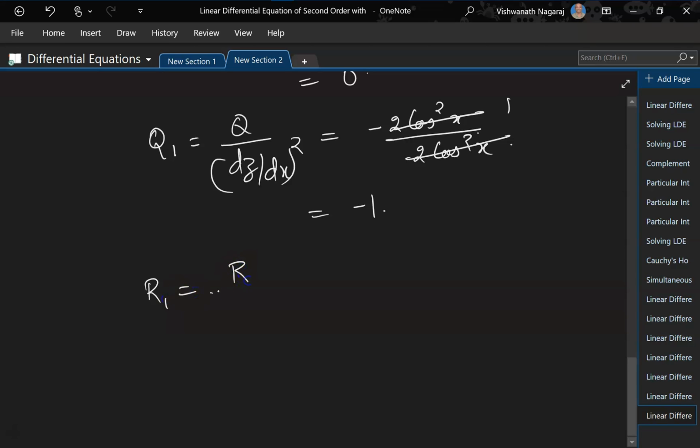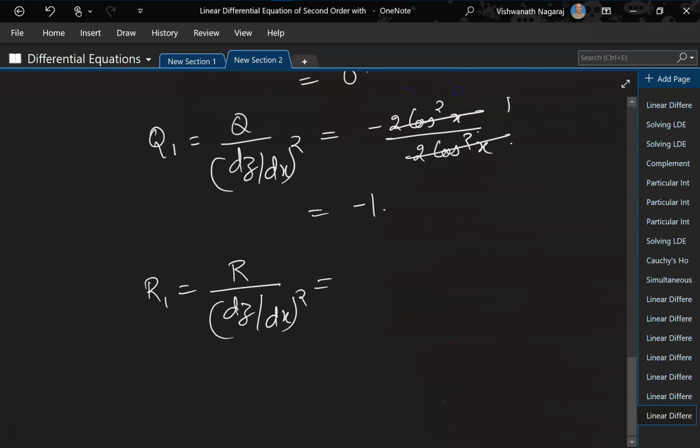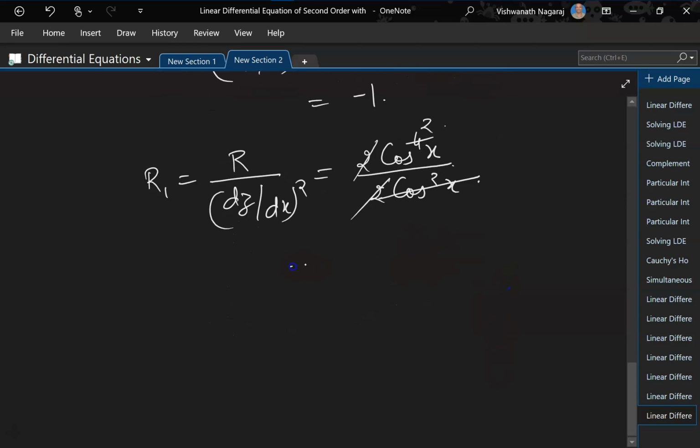R1 is equal to R by (dz/dx)², which is, if you go back, R is 2 cos 4x. So 2 cos 4x divided by 2 cos²x. The 2 and 2 cancel out, and here two of the cos x's get cancelled. So you're left with cos²x.